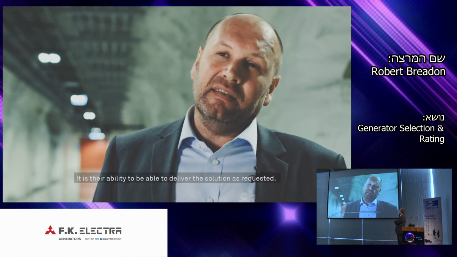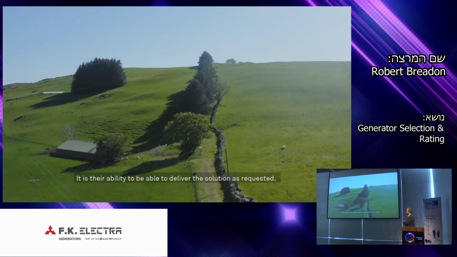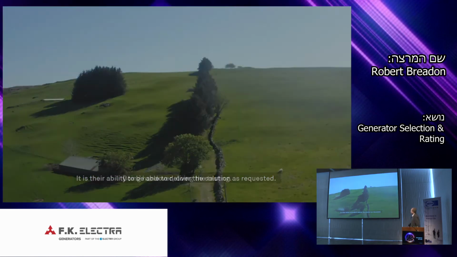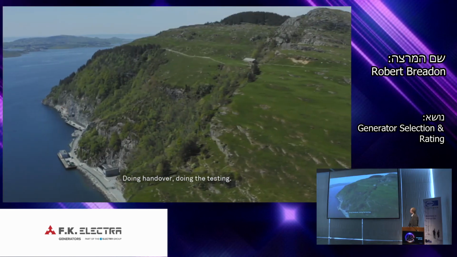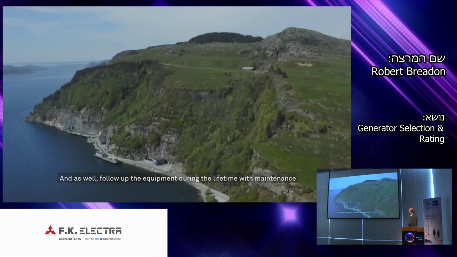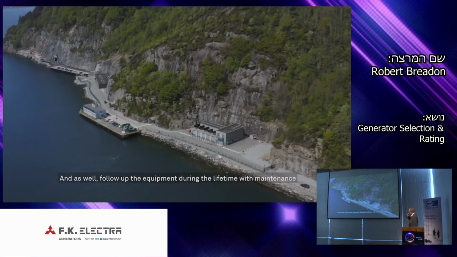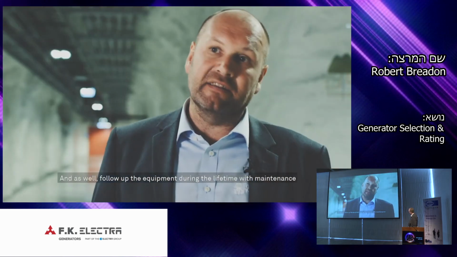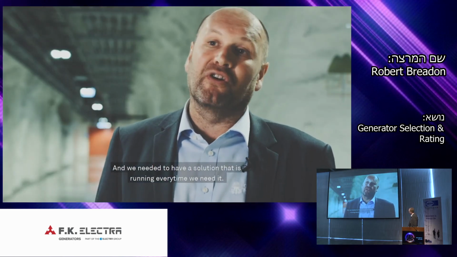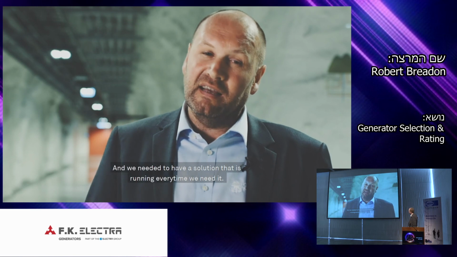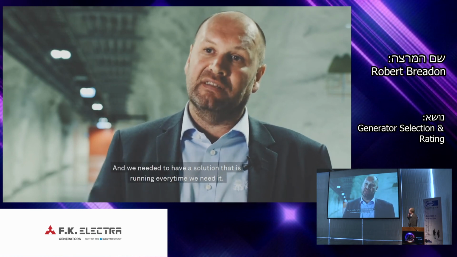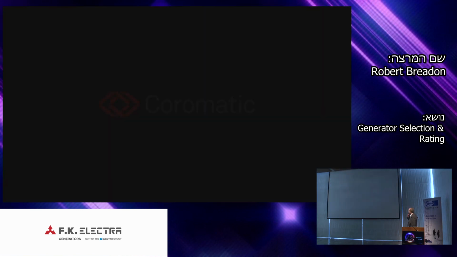It is their ability to deliver the solution as requested, doing a handover, doing the testing, and also following up the equipment during its lifetime with maintenance, so that we have a solution that is running every time we need it.